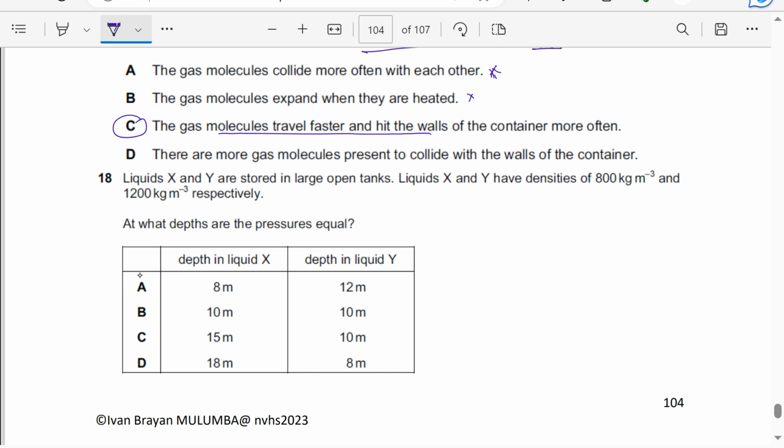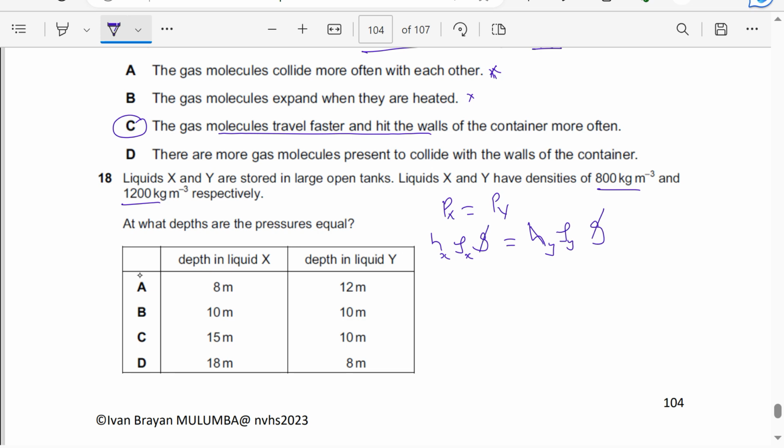Liquids X and Y are stored in large open tanks. Liquid X and Y have densities 800 kilograms and 1,200 kilograms per cubic meter respectively. At what depths are the pressures equal? So we want a depth where pressure due to X is the same as pressure due to Y. Remember, pressure is h density times g. So h for X, density for X, g is the same, should be equal to h for Y, density for Y, g is the same, so g cancels out.